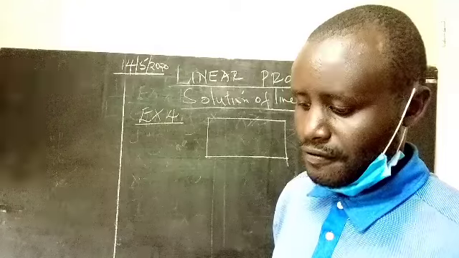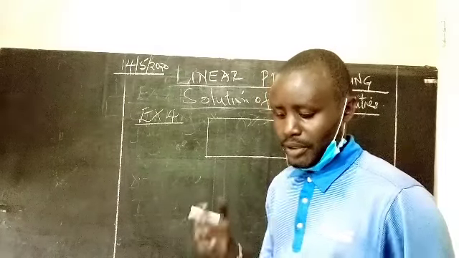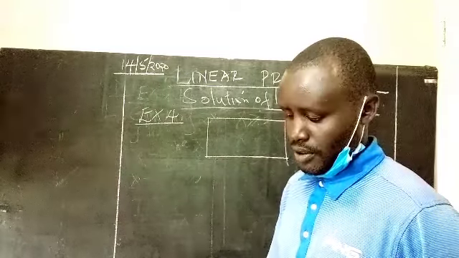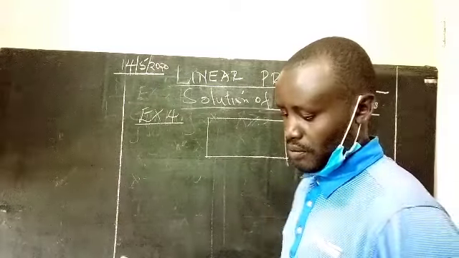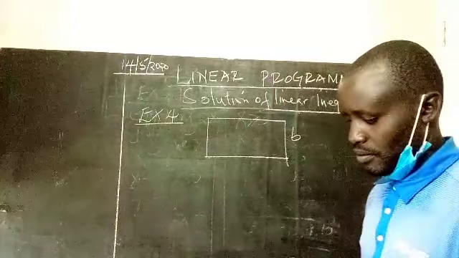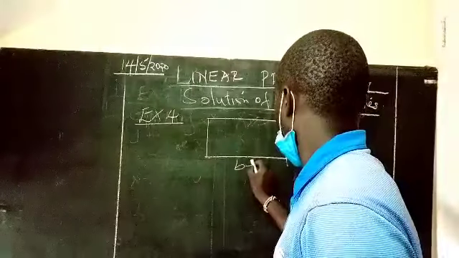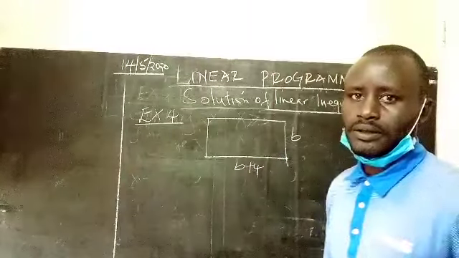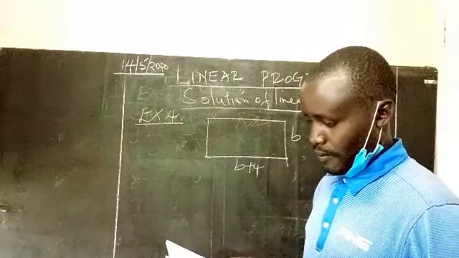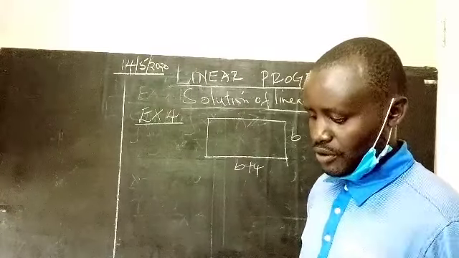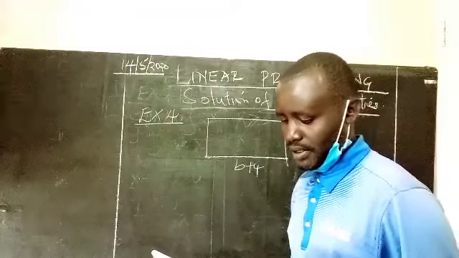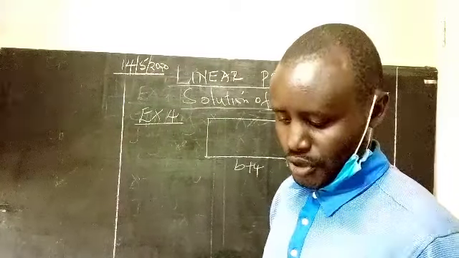The width is greater than 5 meters, while the perimeter of the room is not greater than 36. Given that the width of the room is b meters, then the length is going to be b plus 4 meters. Find the range of values of b satisfying all the inequalities representing the given situation.